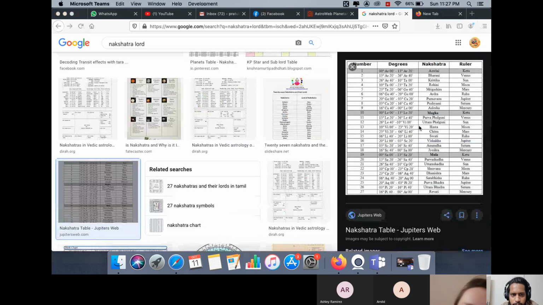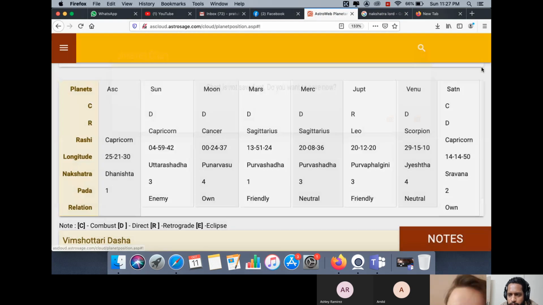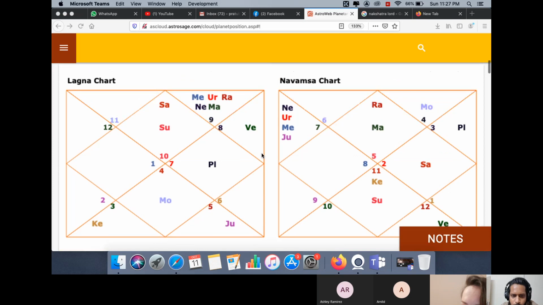If you go to this table, you will see Dhanishta is ruled by Mars. So if you go to his chart, where is Mars sitting? Mars is sitting in the 12th house in Sagittarius.